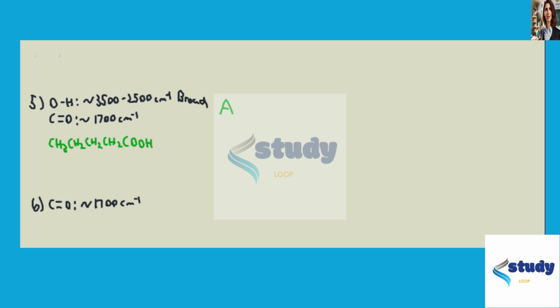There's A. And for 6, that really just leaves molecule E. The main feature of molecule E is this ester, and the only thing that we're really going to see is the carbon-oxygen double bond at about 1700.